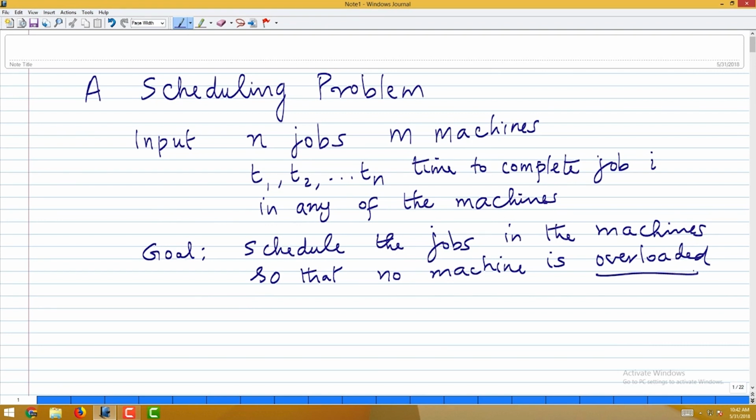So, what does this mean? Minimize the term, what is called make span, and what is this? This is over all the machines.